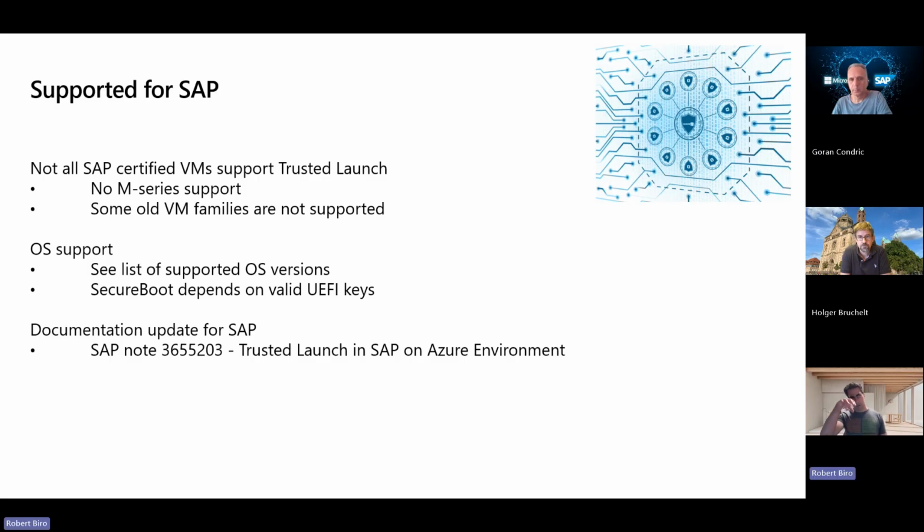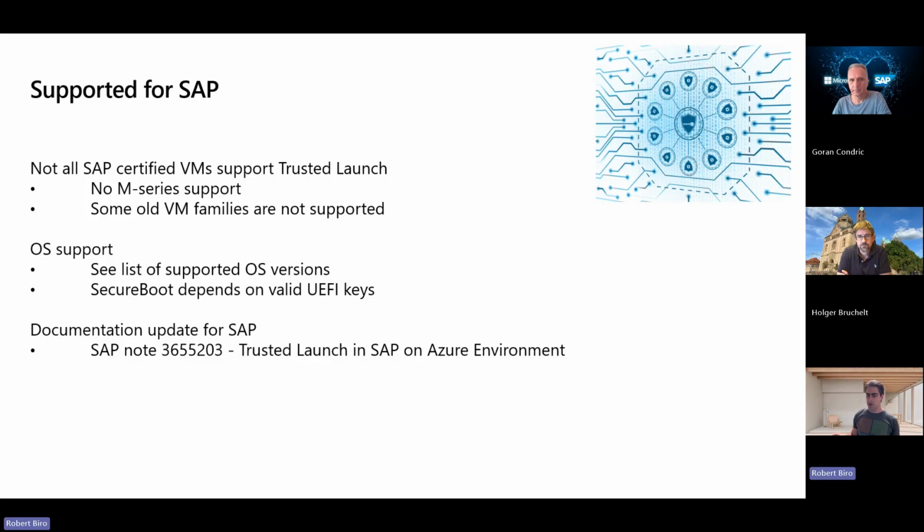So there is VM level support, or what is supported by VMs. There is the OS dependency, and there specifically for SAP, we have recently created an additional SAP note, 3655202.